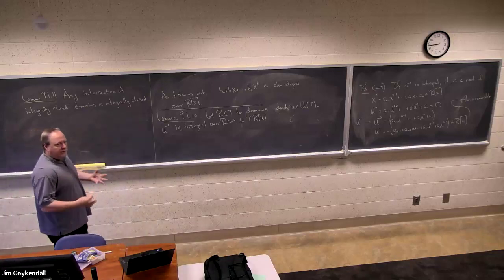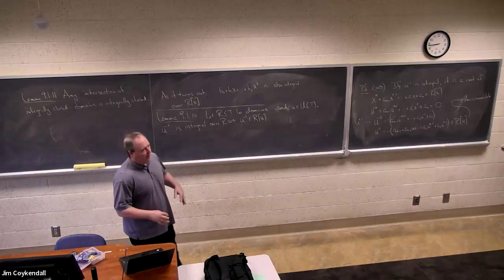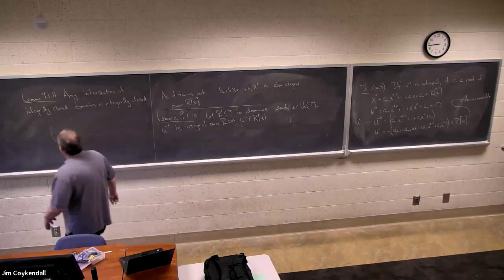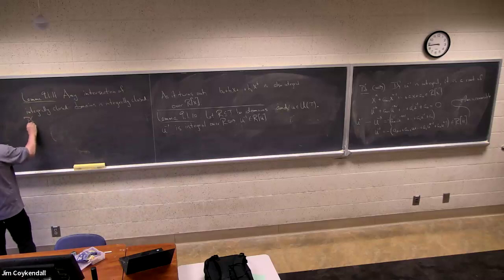So if you have a whole bunch of these integral domains that are integrally closed, any intersection of them is still integrally closed, even if they vary among their quotient fields.